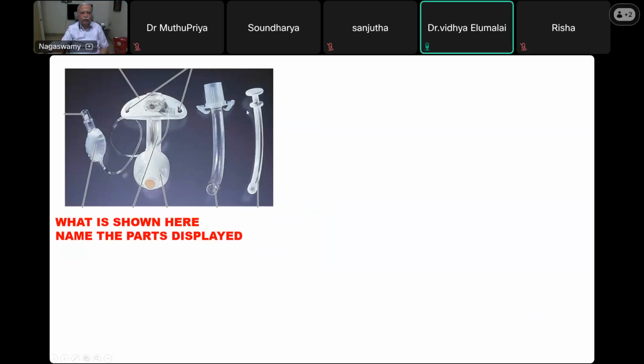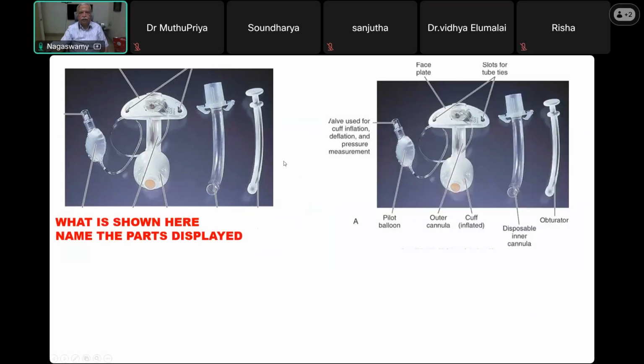Inner tube and introducer. It is called an obturator, not an introducer. So these are all the names. This is the valve, that's the pilot balloon and cuff, and this is the faceplate with slots for tying the knots that keep it in place. This is a disposable inner cannula, and this is the obturator for introducing.